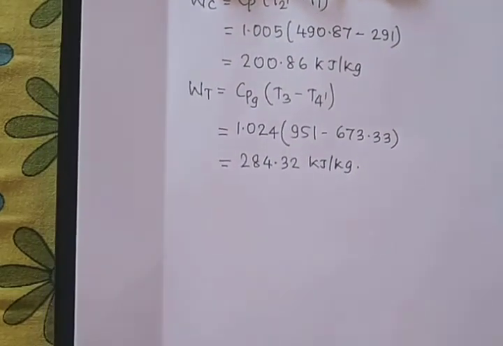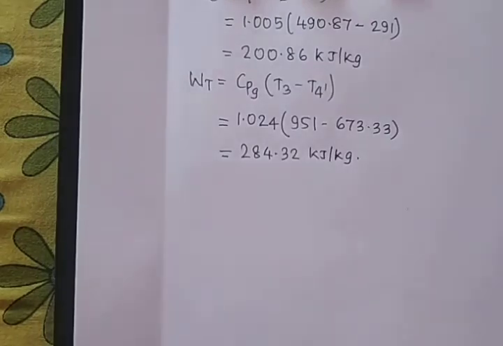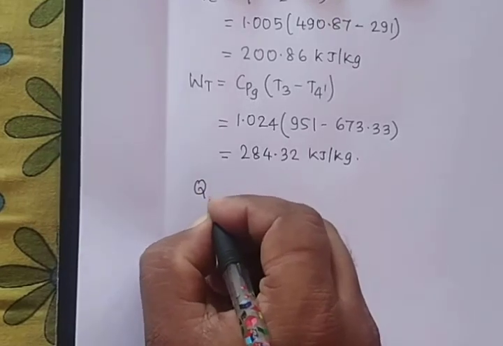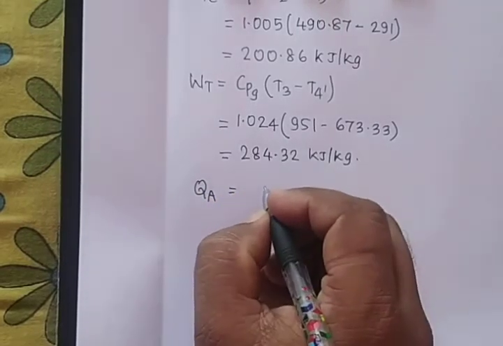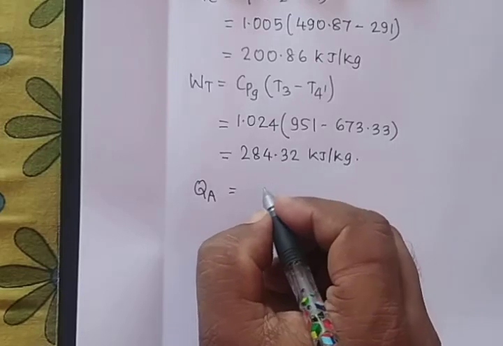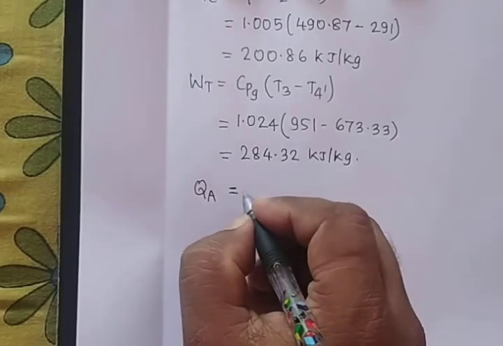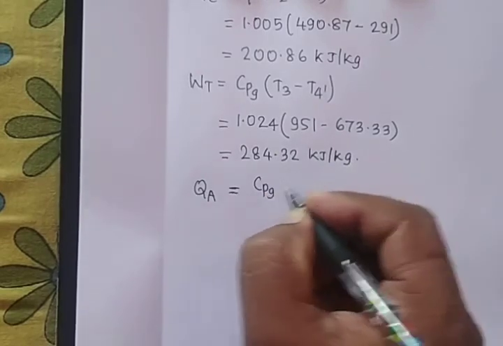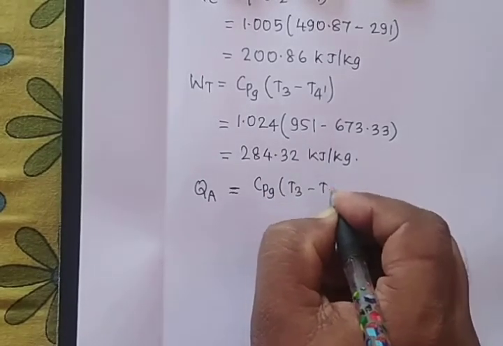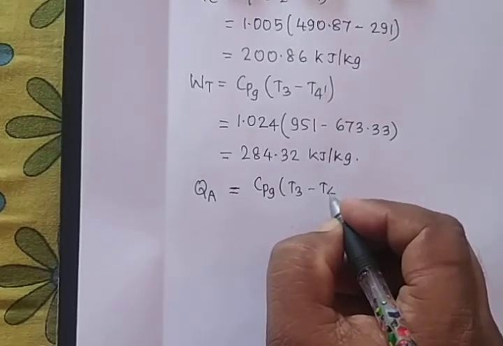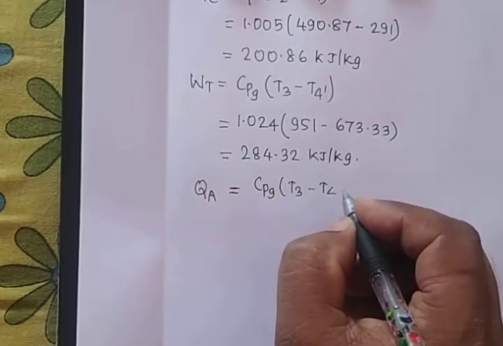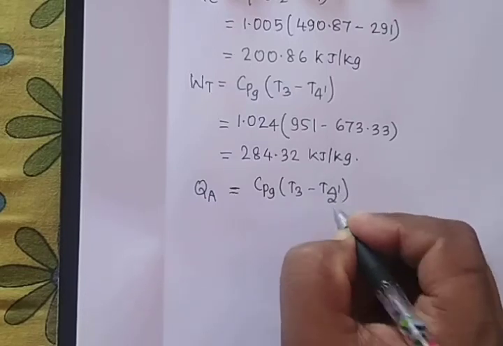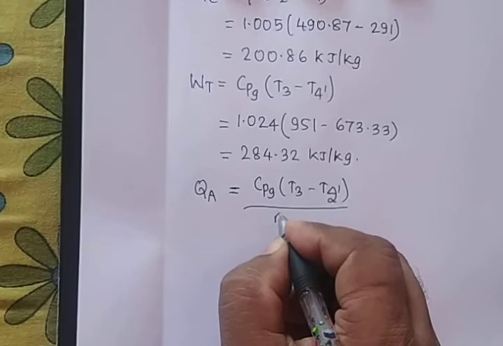Heat added, that is QA, will be equal to work done by the turbine, that is Cp T3 minus T4 dash, divided by efficiency of combustion.